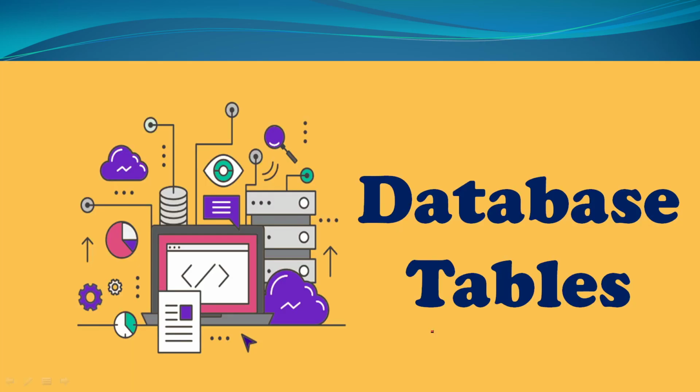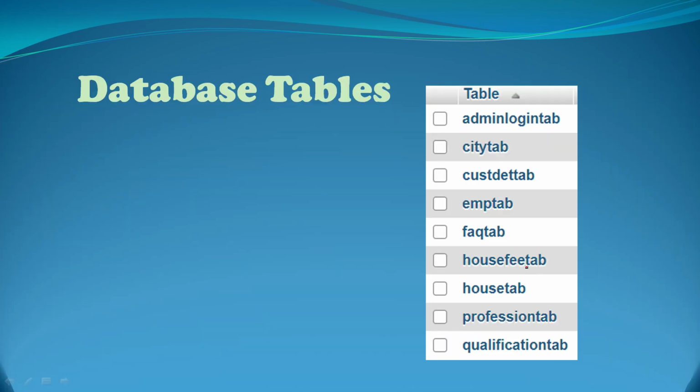Now let us look at the tables. What tables are we using in this project? We have around 9 tables here. One is the admin login table, the city table to store all the city information, the customer detail table to store the customer details, the employee table to store the employee details, the FAQ table to enter the FAQ details, the house fee table, which is the monthly maintenance fee, the house table for individual houses, the profession table and the qualification table.